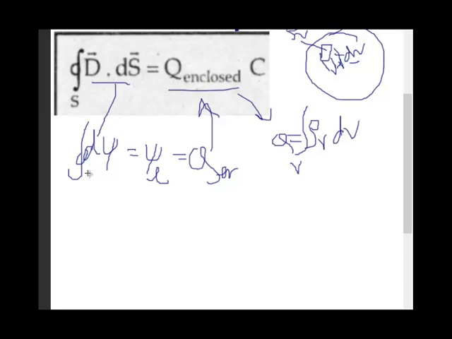So to find this Q, we have two ways. One way is to integrate the differential psi over the closed surface, which is surface integration. This gives you the complete psi, which is equal to the complete Q. Another way to find Q is by integrating the volume charge density over the closed volume, which is volume integration. If I equate these two equations, it can be written like this.